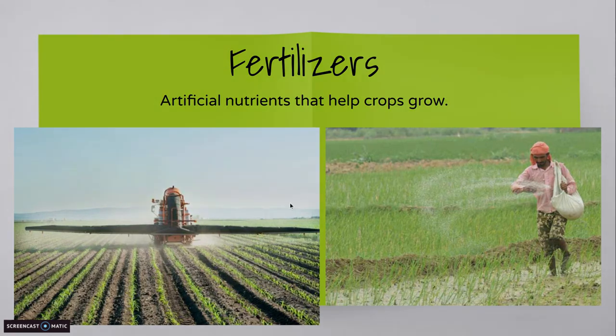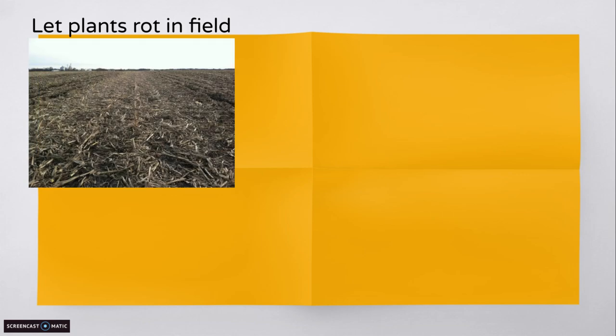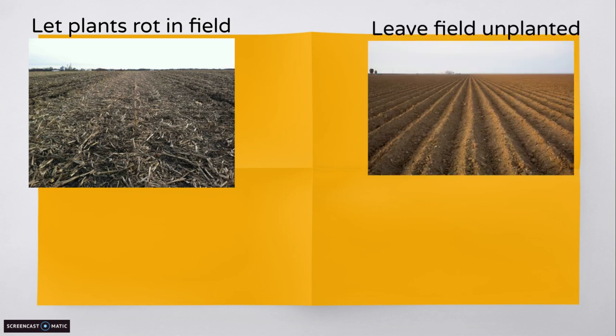There are other methods too that farmers have learned to manage soil. One way, they can leave unused plant crops like corn stalks behind to let them decompose, and that's going to add nutrients to the soil. They can also choose to periodically leave fields unplanted, and this can allow it not to get depleted of nutrients.